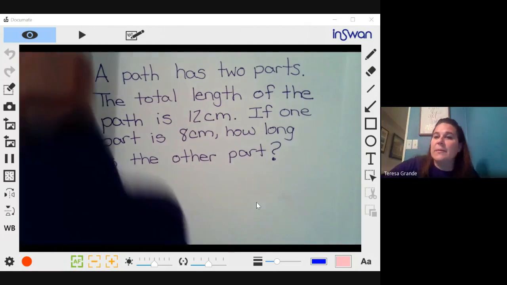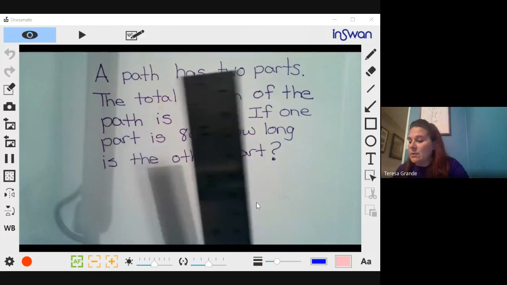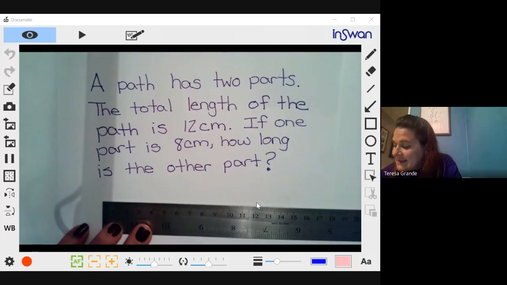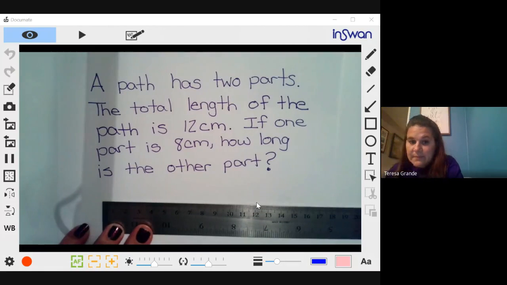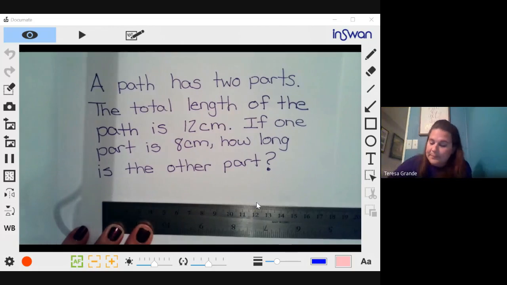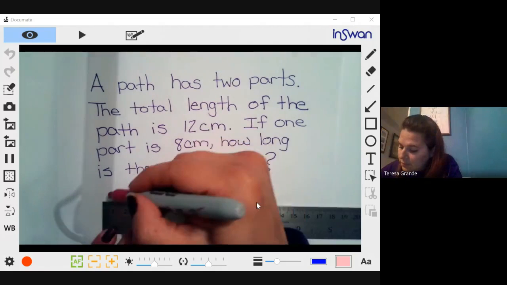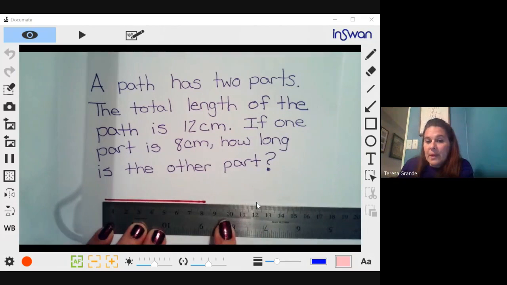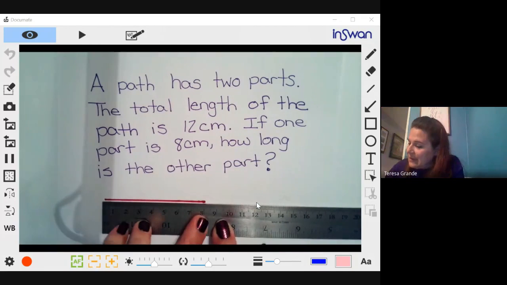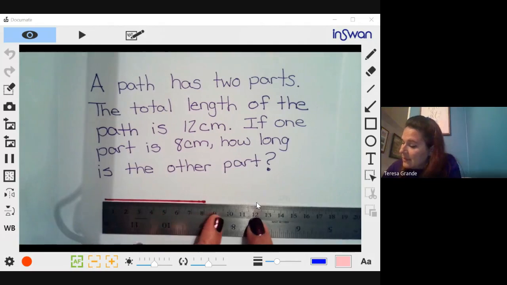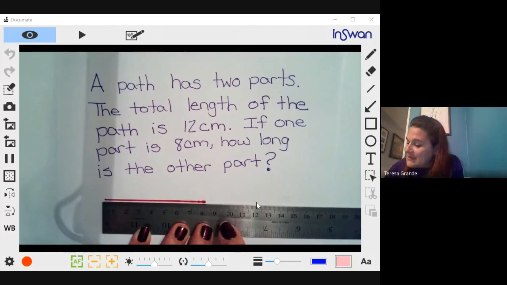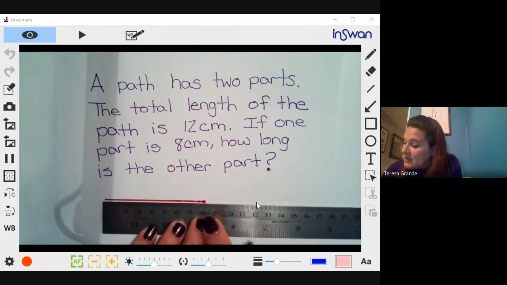So here's what we're going to do. We're going to take our ruler and we're going to draw a line that is 8 centimeters long. Okay. All right. Now, as you can see, here's the 12. Okay. Now, what we need to do is figure out how much distance is between the 8 and the 12.